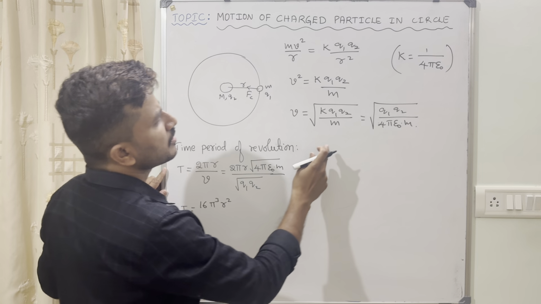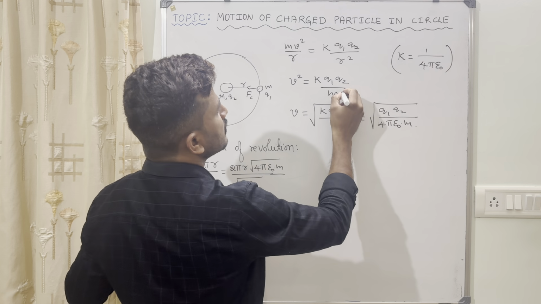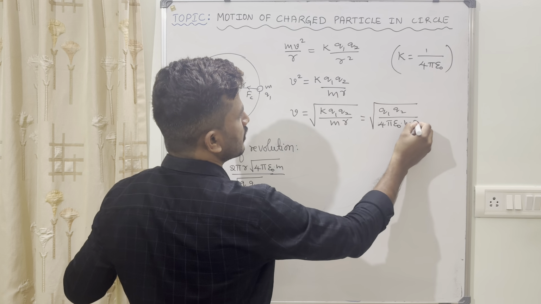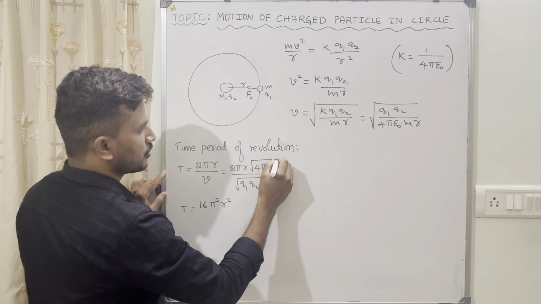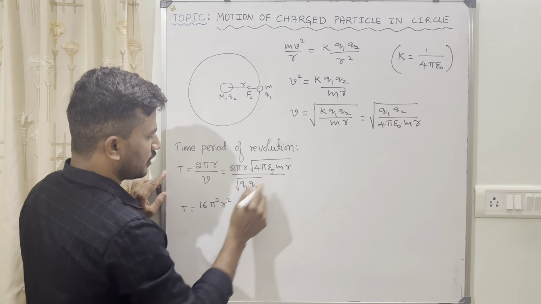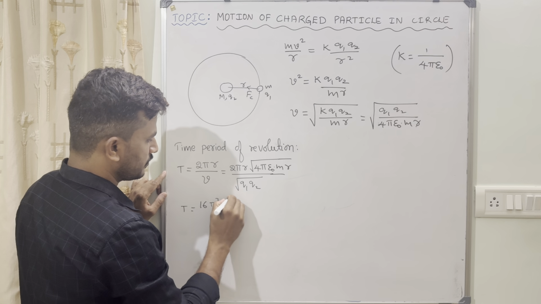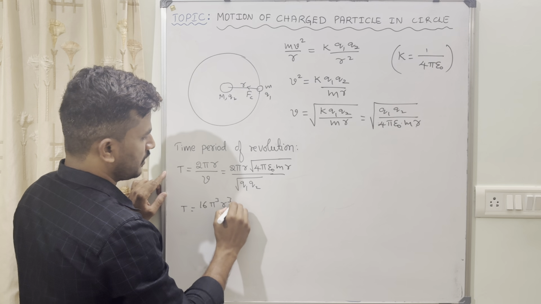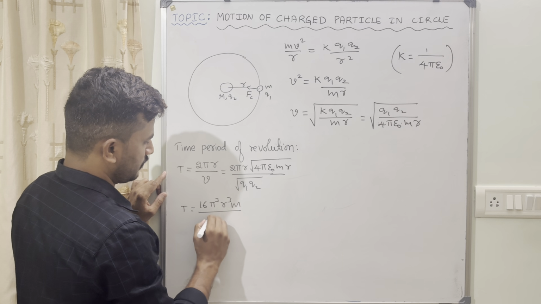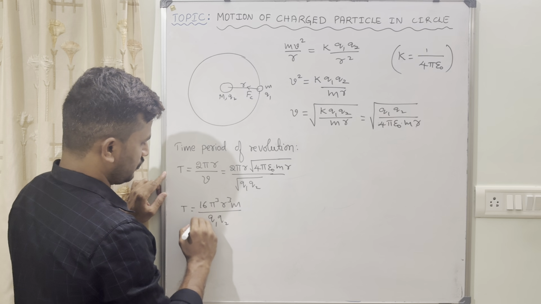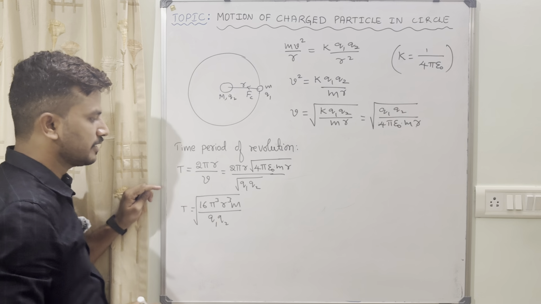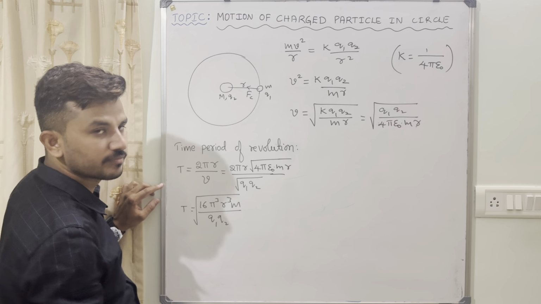Here also there should be one r, just a minute, yes, so r square into r, r cube, and then mass divided by q1 q2. Like this you will get the time period formula.